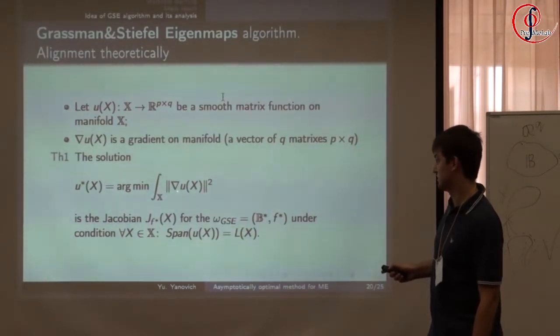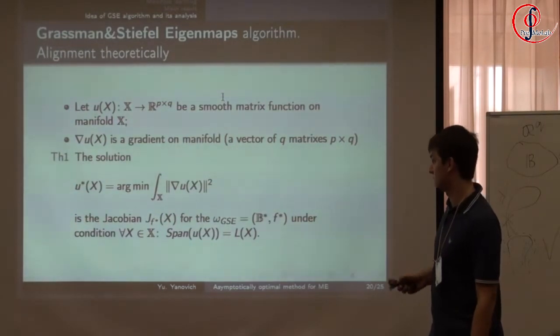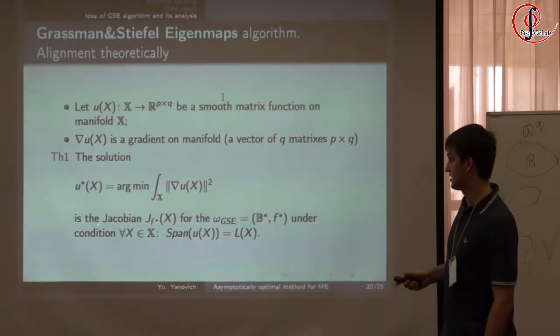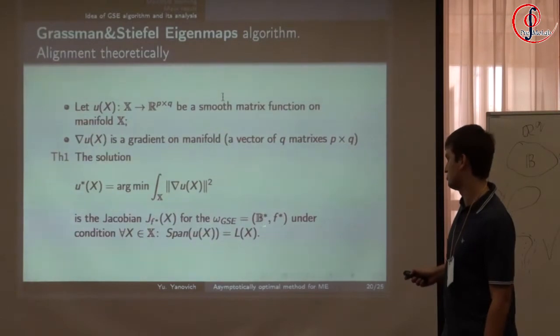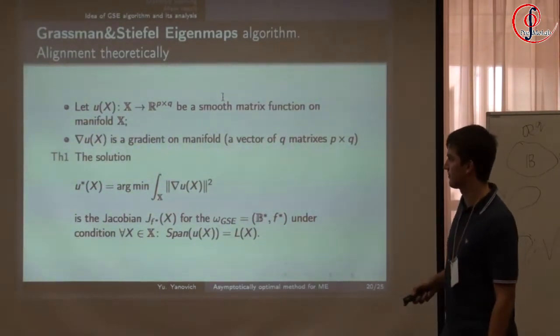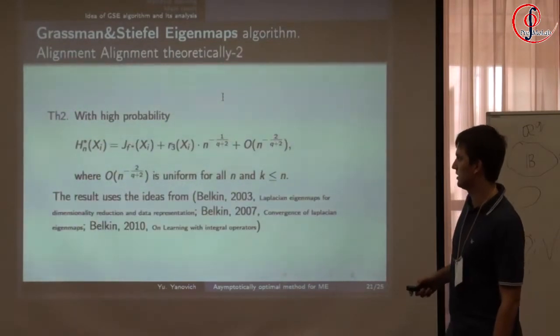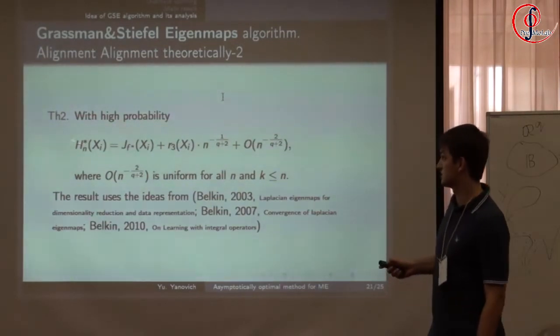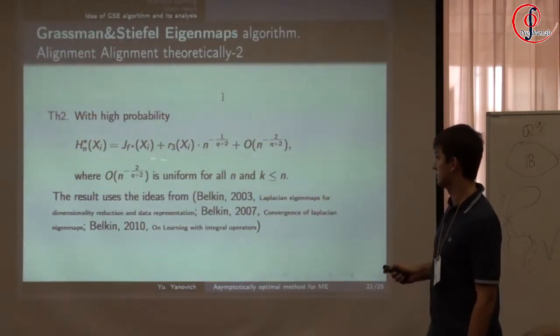Here, nabla is just a gradient on the manifold, and the solution of this problem is the Jacobian matrices for some parameterization of our manifold under some conditions. And using this theorem, it can be shown that the following representation holds true for the matrices H of X.